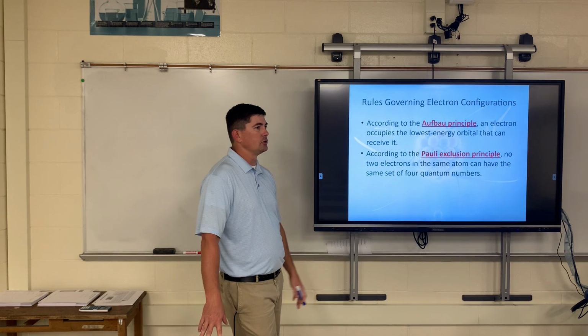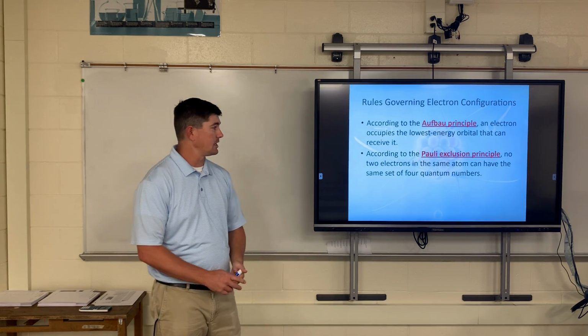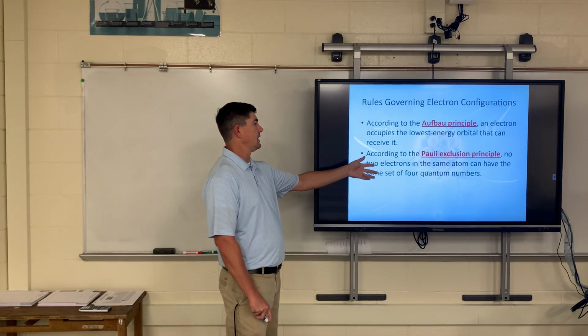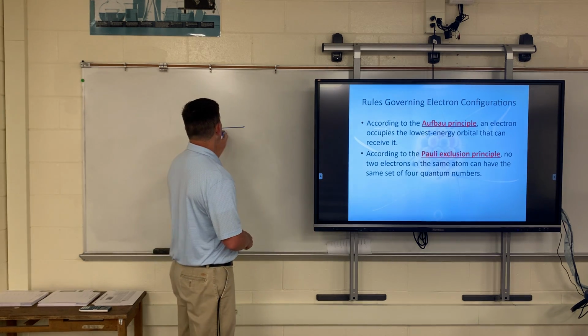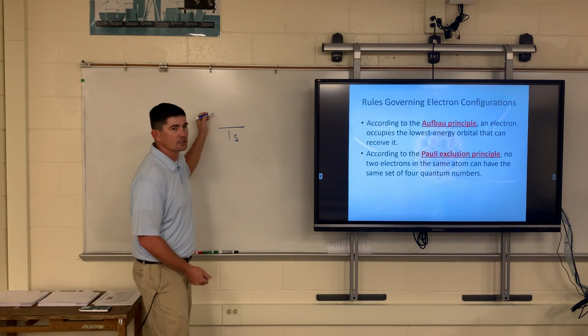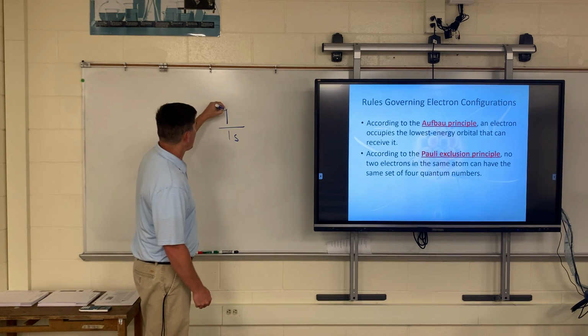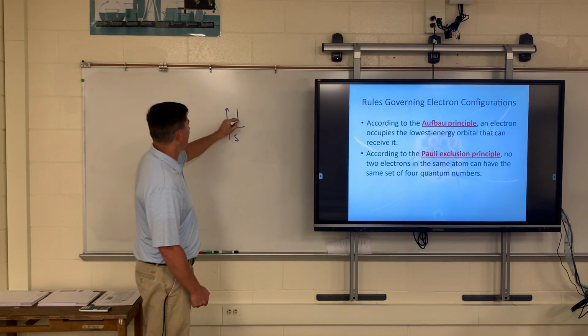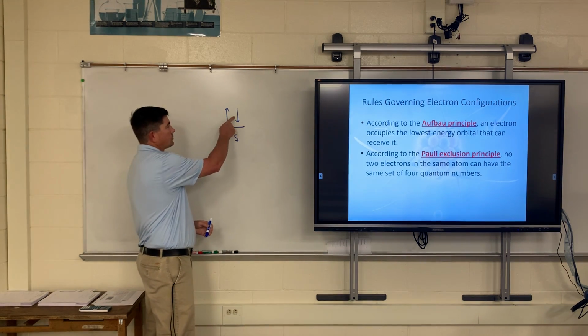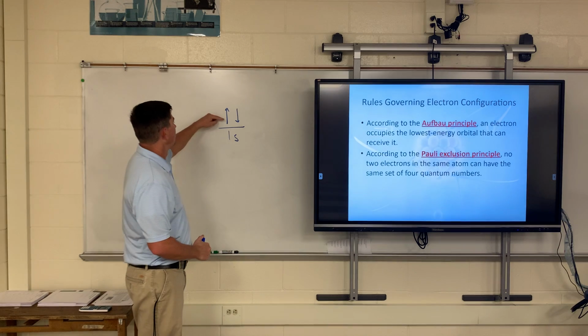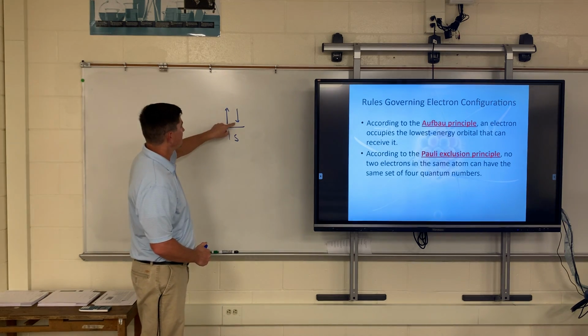Next one is Pauli's exclusion principle. Pauli's exclusion principle says that no two electrons can have the exact same set of quantum numbers. That simply means, if we just talk about the 1s orbital, we take care of that in orbital notation by having one electron spinning up and one spinning down. So the arrows represent the electrons, right? This one is spinning one direction, this one is spinning the other direction.